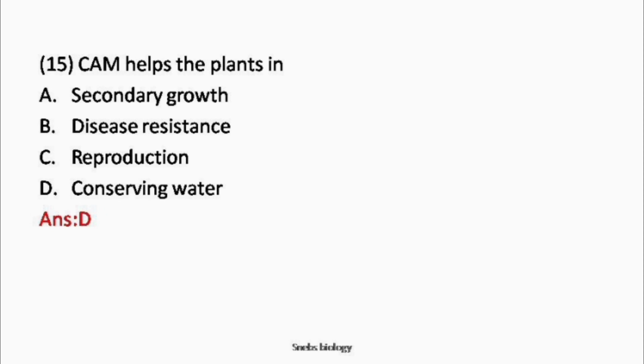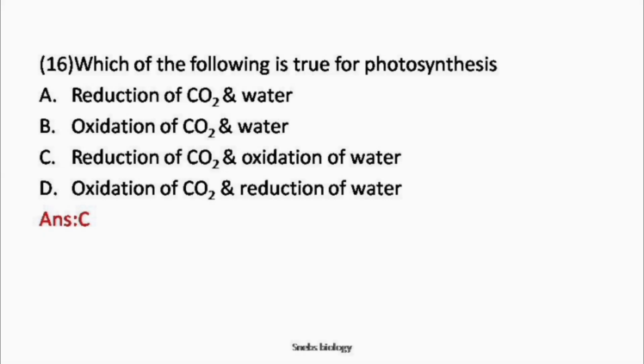Next question number 16. Which of the following is true for photosynthesis? Option A, reduction of carbon dioxide and water, option B, oxidation of carbon dioxide and water, option C, reduction of carbon dioxide and oxidation of water, option D, oxidation of carbon dioxide and reduction of water.